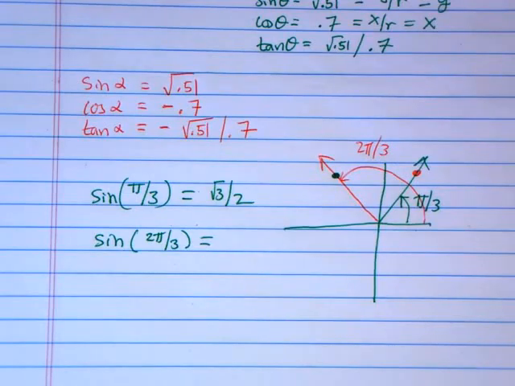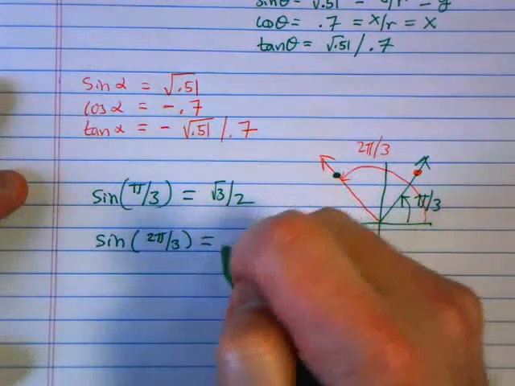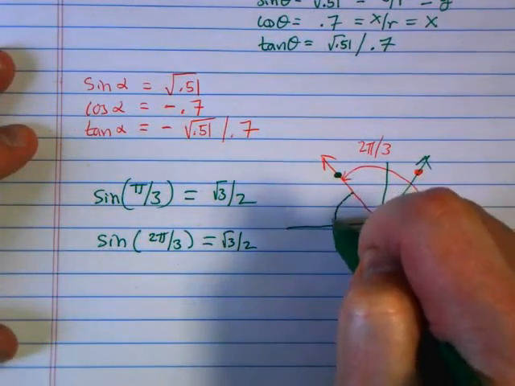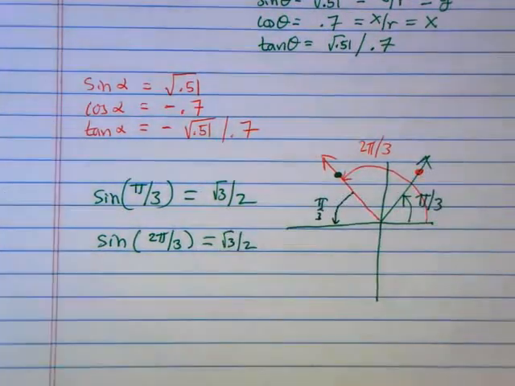So what can you tell me about pi over 3 and 2 pi over 3? They're really the same angle. Well, they're not really the same angle, but their trig functions are all the same, except for maybe pluses and minuses. So what's the sine of 2 pi over 3? Square root of 3 over 2. In other words, what I'm telling you is your reference angle right there is pi over 3.